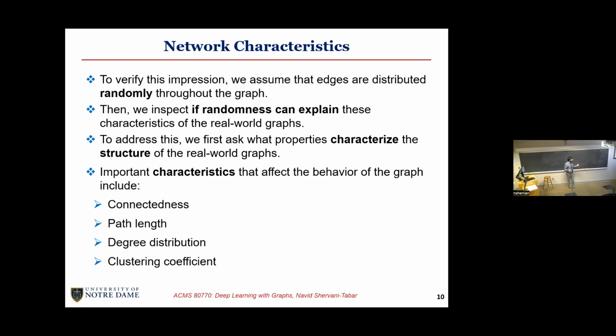And then we will look at the degree distribution, which is one of the most fundamental properties of a real world graph. And lastly, we are going to look at the clustering coefficient. These four are some of the most fundamental properties that can characterize a given large graph from the real world.